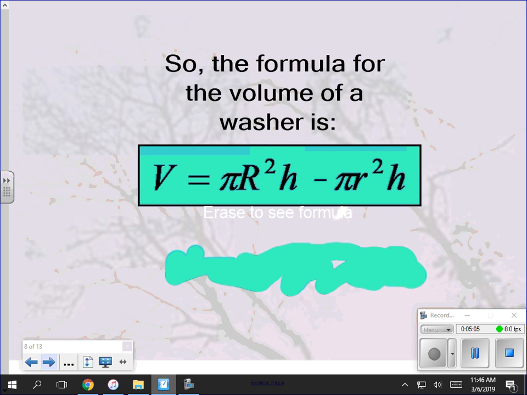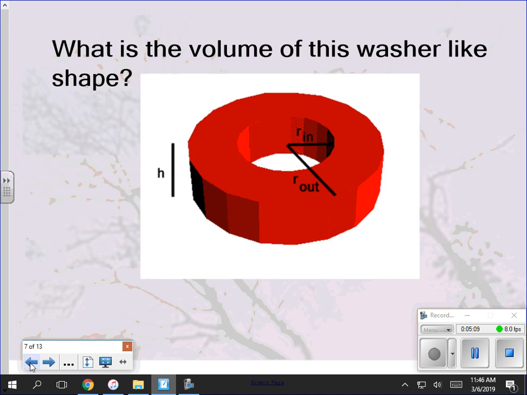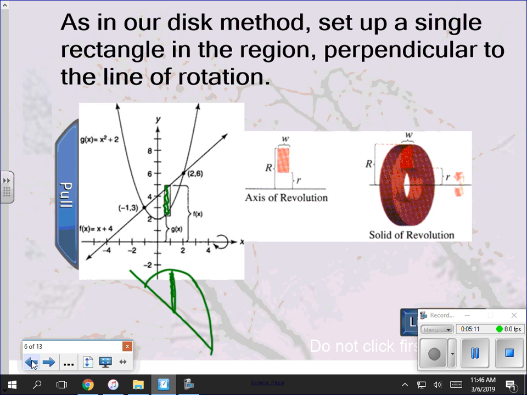But our height is actually the width. If we go back and look at the diagram, our height is this width here. What is that? That's delta x. That's our change in x, the difference between one x coordinate and the next.